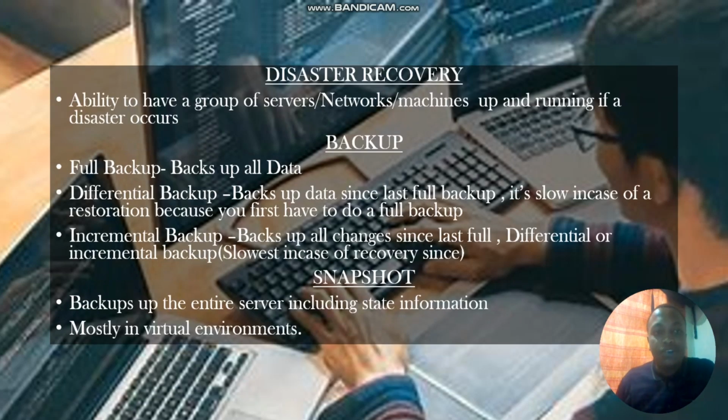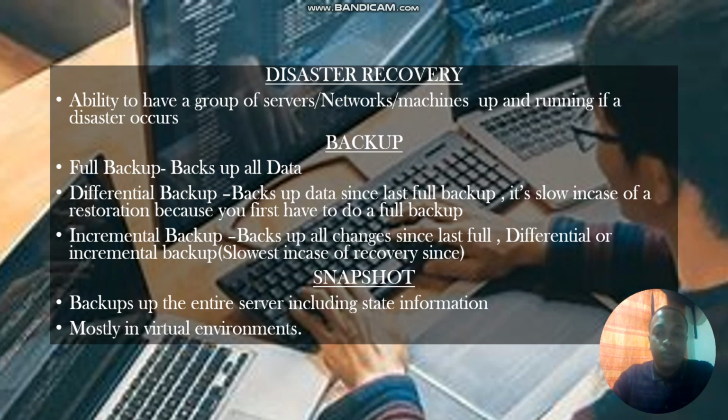Now, we have looked at different change management procedures. We have looked at safety procedures. Let us now look at how we can recover data in case of a disaster, and this is what we call disaster recovery.